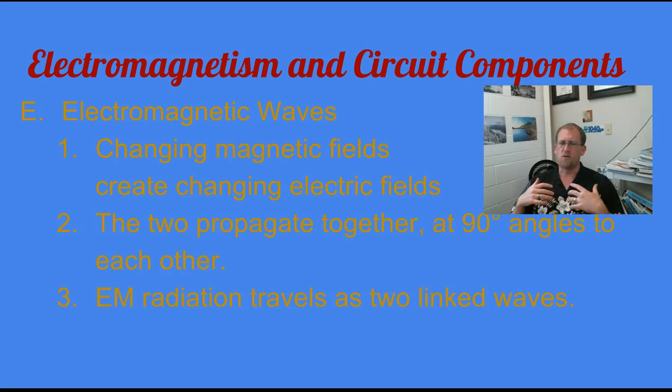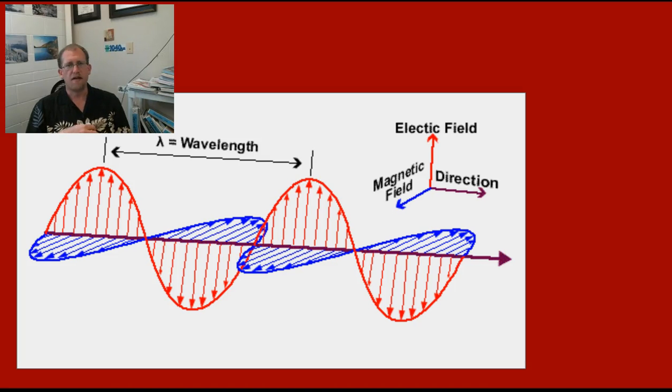So electromagnetic waves travel as two linked waves at 90 degrees to each other. What does that look like? I'm glad you asked. It looks like this. The wavelength for the electric and the magnetic fields will be the same. The peaks are aligned. The points of neutrality, the median line, is aligned. The troughs will be aligned.